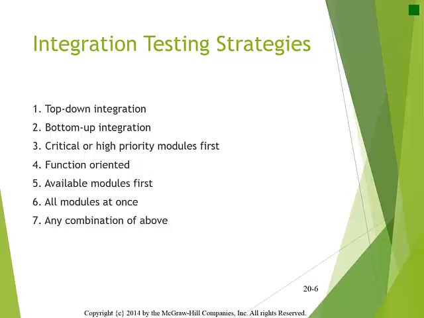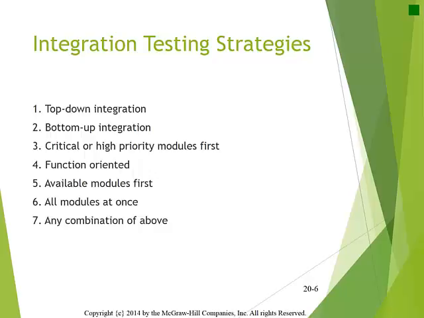Critical high strategy components first is another strategy where the critical and high priority components are integrated and tested first. This strategy allows the high priority and critical components to be tested and exercised more often than other components. However, test stubs and test drivers are required to implement this strategy.